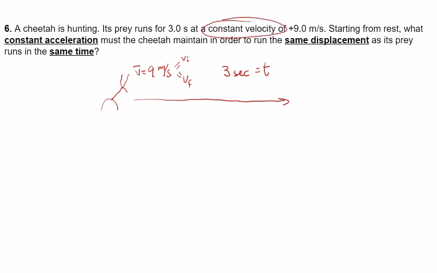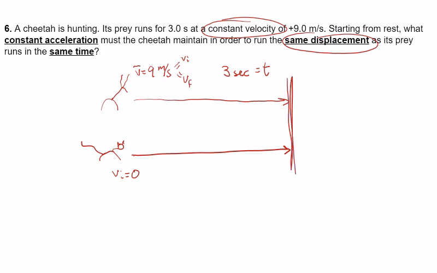The cheetah, however, and I'm doing really bad pictures here, so here's my cheetah, put a couple of ears on it. The cheetah is going to start with an initial velocity of 0, and then it's going to chase after the prey. I'm just going to put them sideways. And the idea is they're going to cover the same displacement.